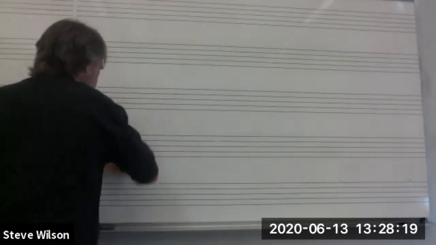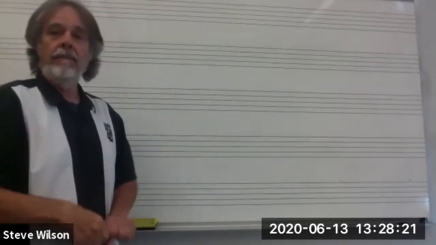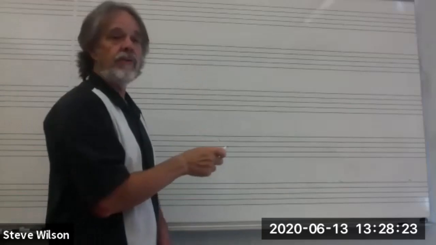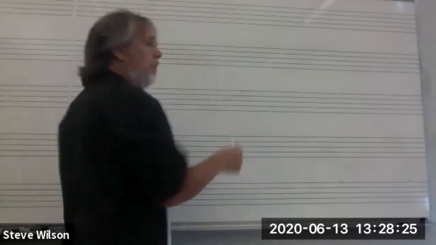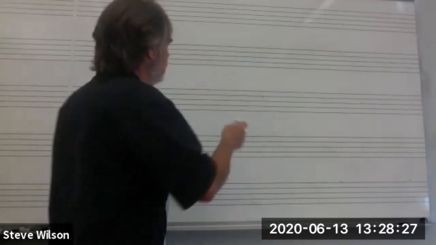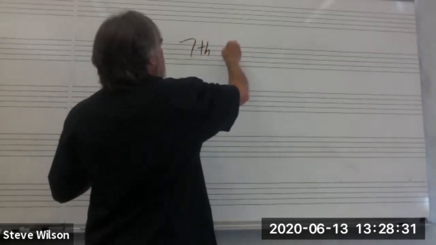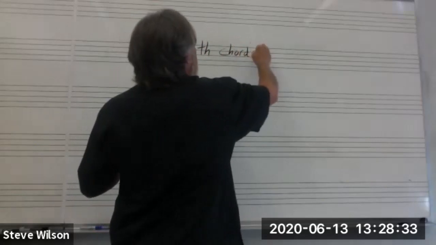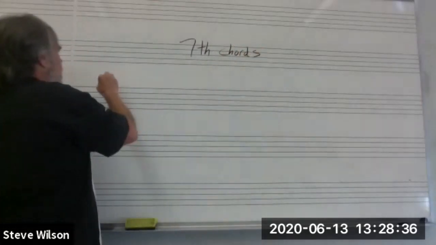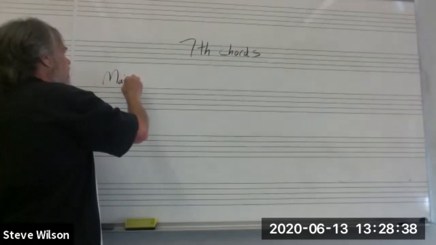And like we did with the triads, we're going to use the major scale as our ruler or our yardstick, if you will. So these are what we call seventh chords. Okay, there's something called a major seventh chord.